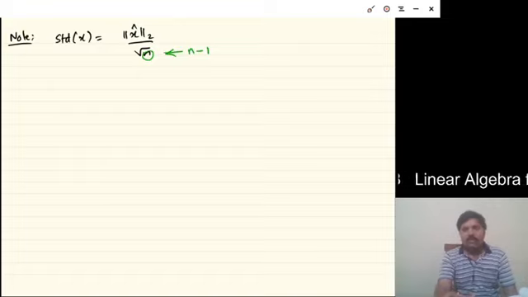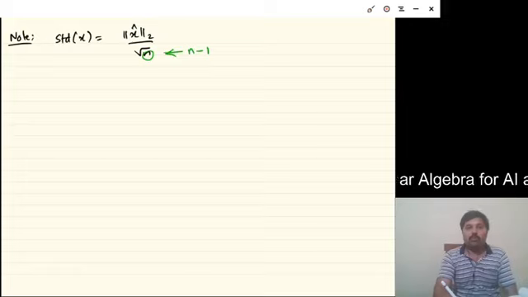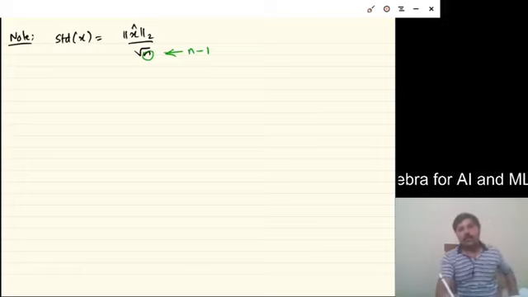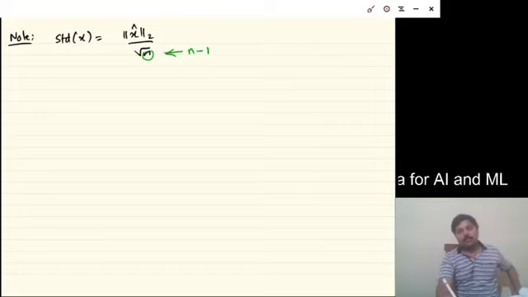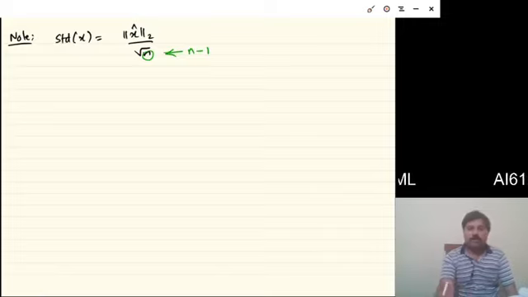But as far as linear algebra and this particular course are concerned, we will stick with the square root of n, not n minus 1. There are many important statistical reasons why n minus 1 comes here and not n, something like degrees of freedom in a chi-square distribution. So this is directly related to the degrees of freedom for a chi-square distribution.